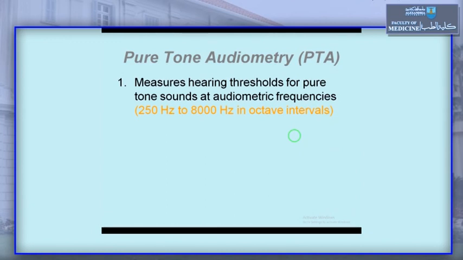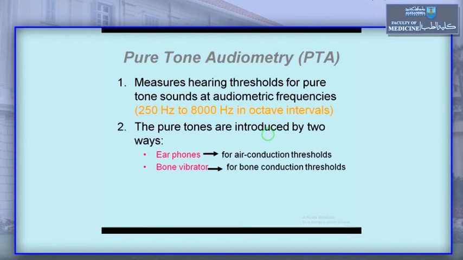But for clinical purposes, we test for audiometric thresholds only from 250 to 8,000. The reason we are testing in a much narrower range than the range that God has created us with is that all the languages in the world are inside this narrower range. There is no known language that exists outside this range. So for clinical purposes, we are confining ourselves to testing between 250 to 8,000 hertz.